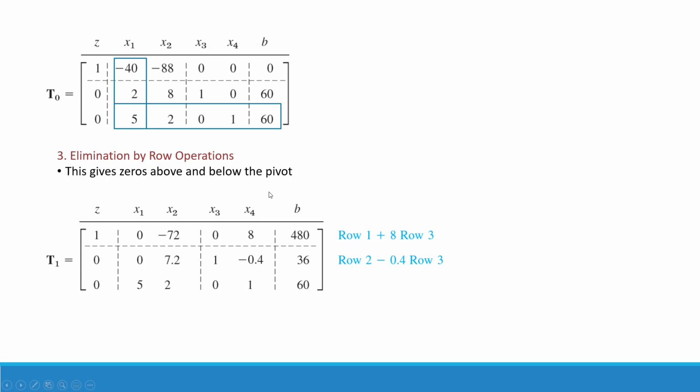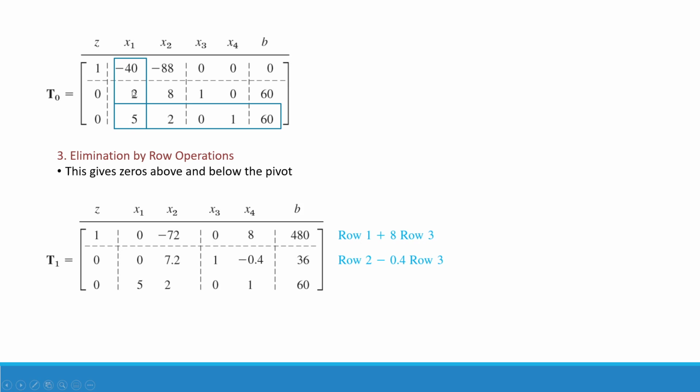Then the next step is the elimination by row operations, and to do that we need to create zeros above or below the pivot. In this case, only above. For example, this is our pivot equation, and if we want to create 0 in this equation, we can take row 1, this equation, plus row 3.